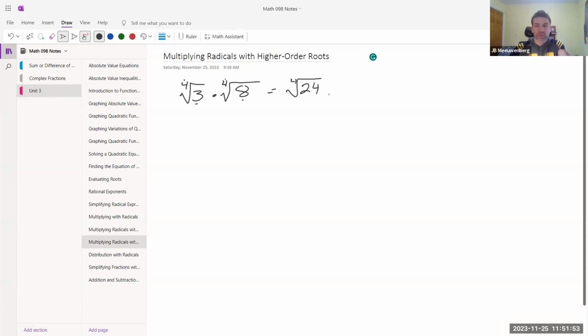Then we have to look inside 24 and see if we can find some number to the fourth power. It is hard to find these because these aren't common numbers that we work with.